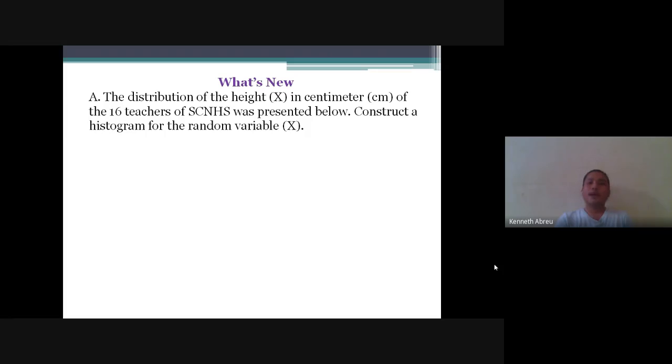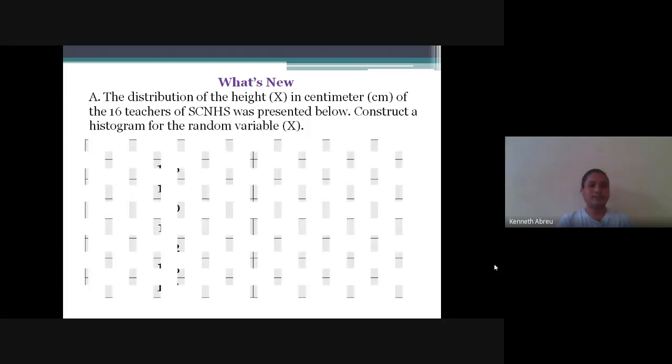The distribution of height, or in terms of x in centimeter, of 16 teachers of SC and HS was presented below. You need to construct a histogram for the random variable x. Again, height in centimeter of 16 teachers in a particular school.